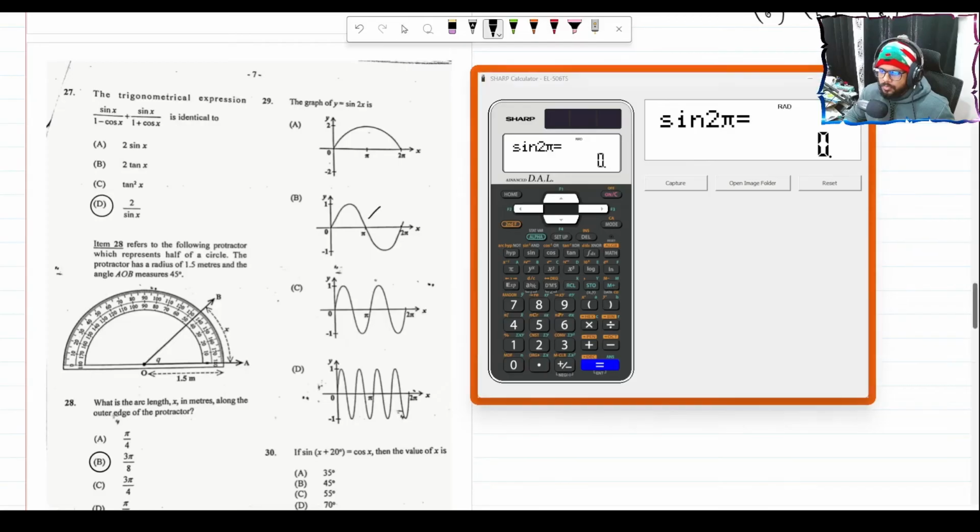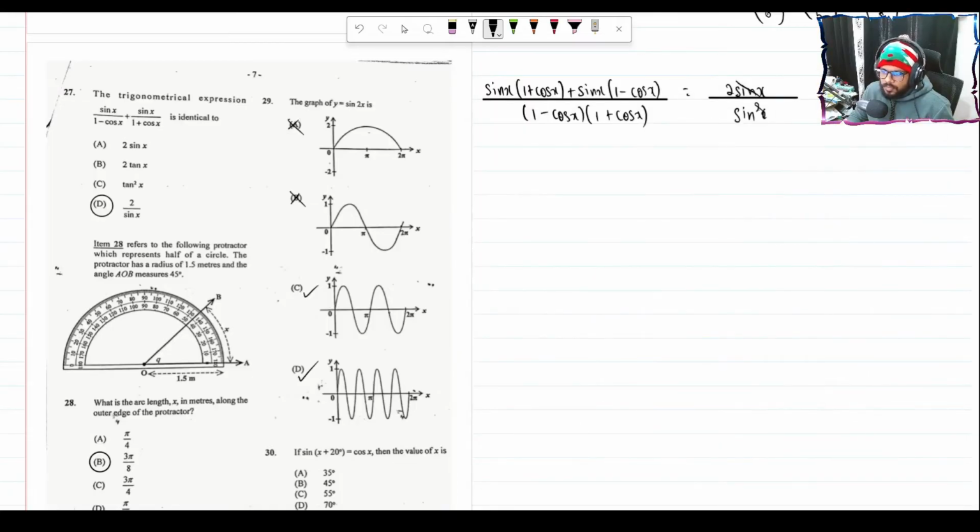So it could either be one graph or another. I know it cannot be the first because that is the graph for sine of pi. It can't be the second either. So it has to be one of the remaining two. Both of these graphs make more than 1 revolution in 2 pi radians.